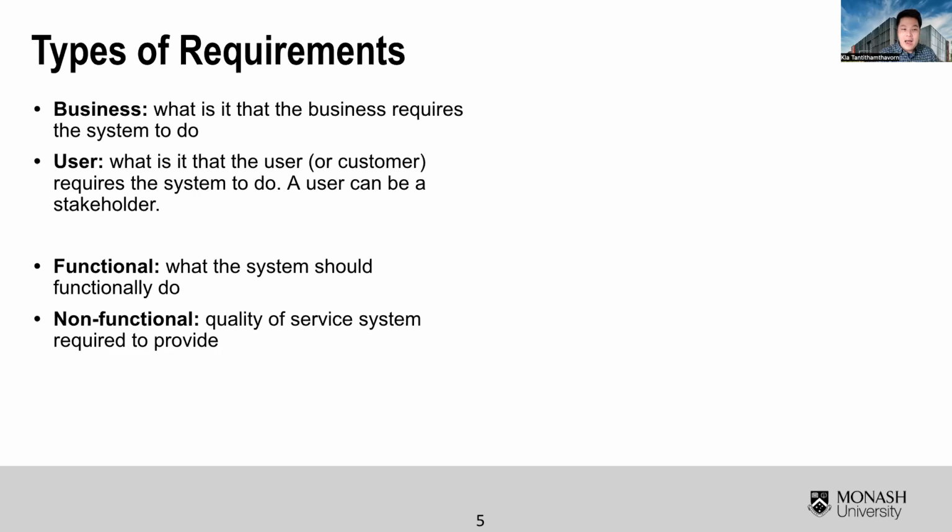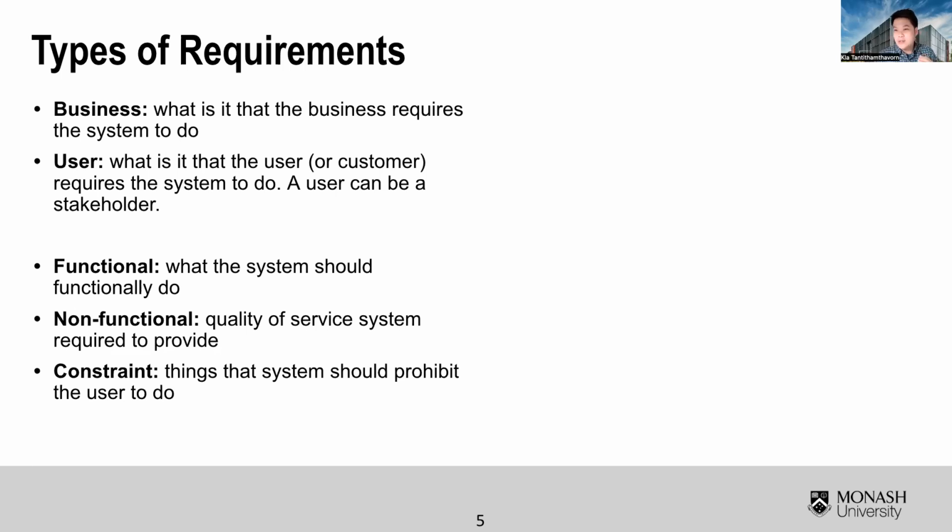And they are quite interrelated. When we talk about non-functional requirement, let's say security, the system should be secure. That's a non-functional requirement, but it is also related to the functional requirement as well. Let's say, as a user, we need multi-factor authentication so that I can log into the system securely.